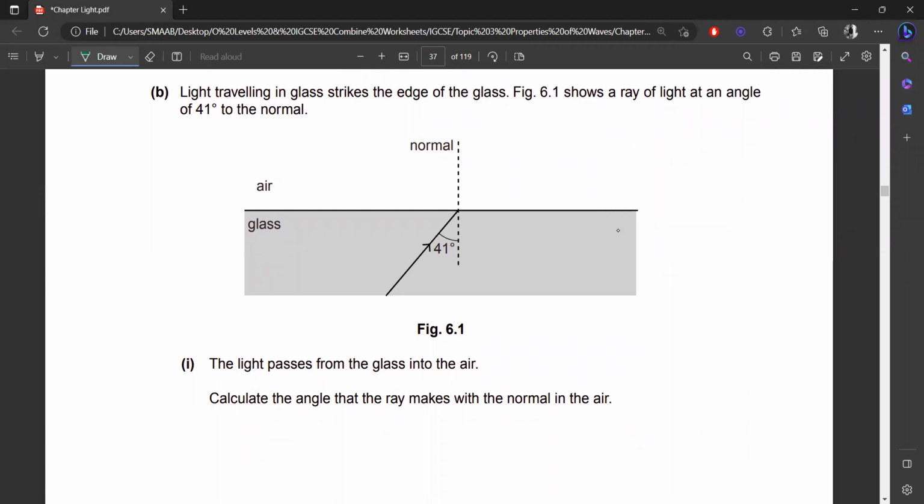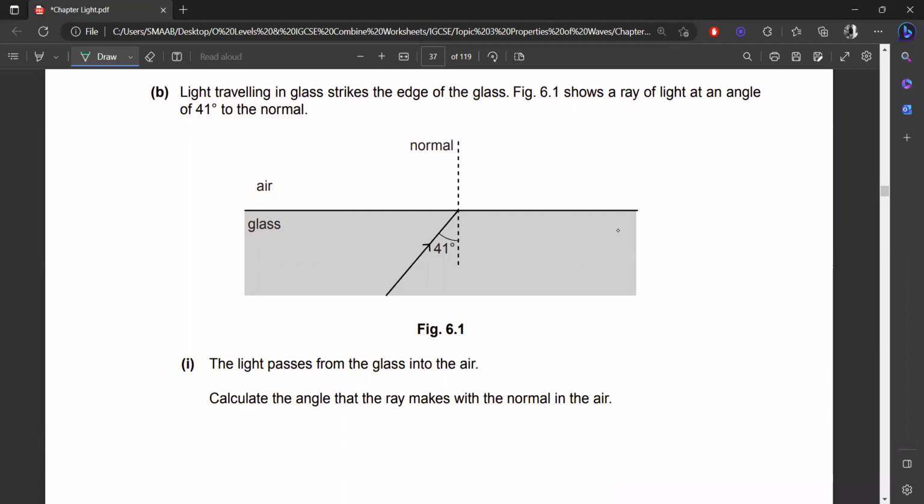And now light is traveling in the glass, strikes the edge of the glass, and shows a ray of light at an angle of 41. The light passes from the glass into the air. Calculate the angle that the ray makes with the normal in the air. So now light is passing from glass to air. And what is the refractive index? Sorry, we need to first know about the critical angle and calculate the angle that the ray makes with the normal in the air.